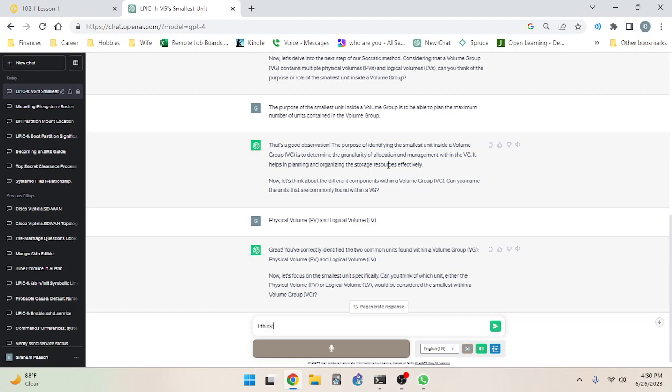So I think the logical volume could be smaller because it might have to be bigger though, because it occupies some physical space.